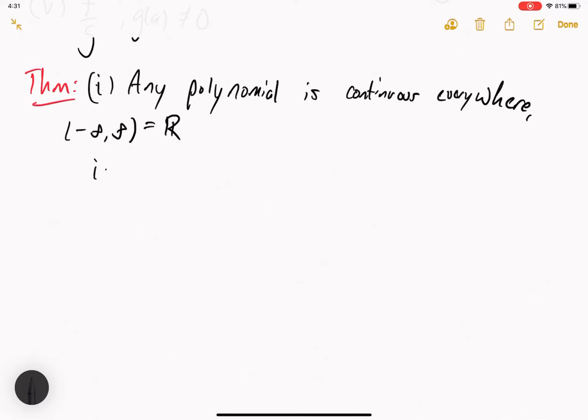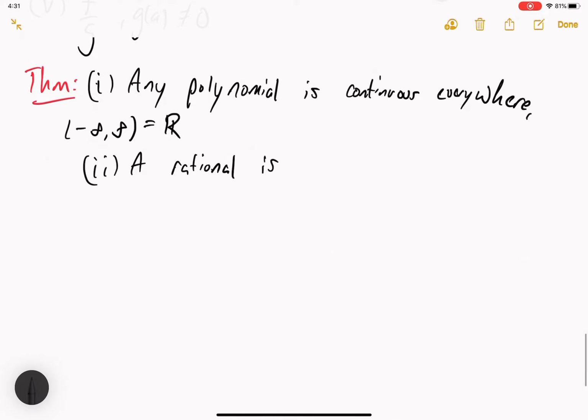The second part is that a rational function is going to be continuous on its domain. The idea comes from this: if you take two polynomials, they're going to be continuous everywhere.